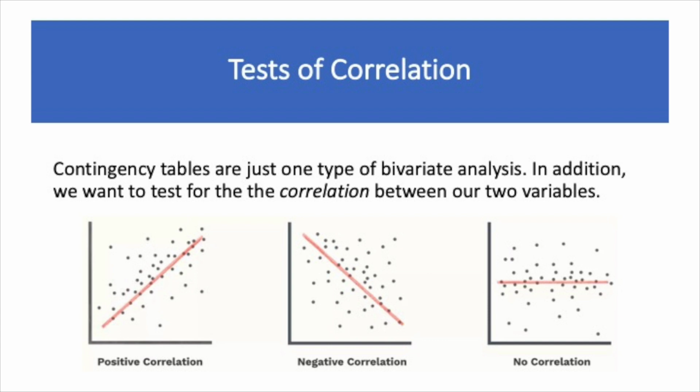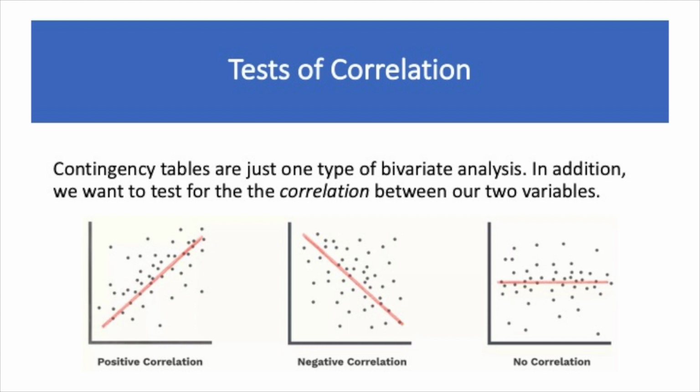So we can make all these dots for all of our observations, and then the red line would be what we call our line of best fit. This is the line that shows the overall patterns that we see with all of these dots. Now this is a way of visualizing a correlation.